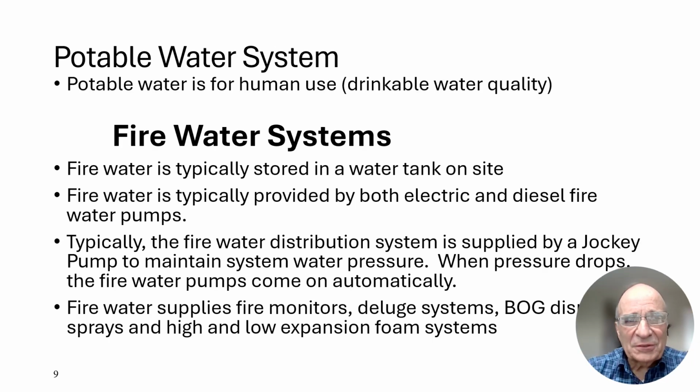Potable water systems are for human use, typically drinks, sinks, and toilets. It's typically separate piping from any other piping systems, but they may have a single source or a single supply, and that could be the potable water/fire water tank system.